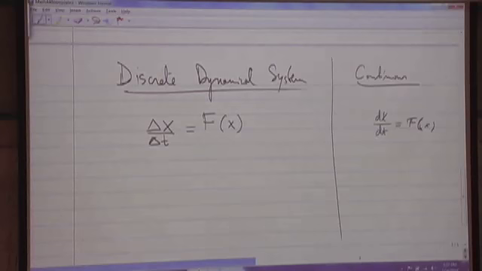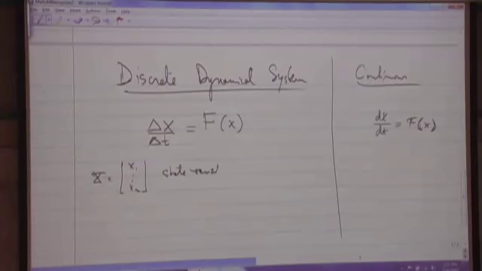Okay, so x is a state variable, and it could be not one, but many state variables, and delta t is some fixed time period. I don't know, 1 second, 1 day, 1 year. It depends on the problem, right?